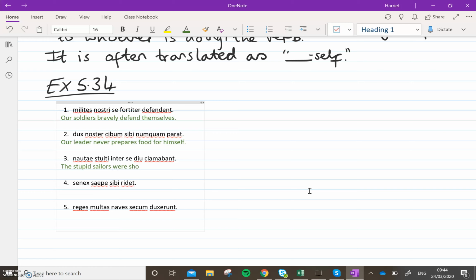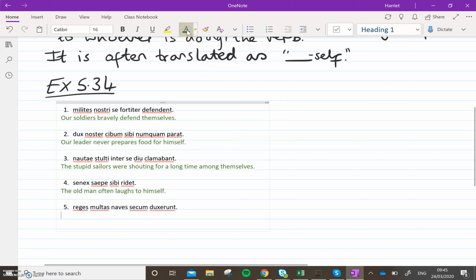Number 3, the stupid sailors were shouting for a long time among themselves. Number 4, the old man often laughs or smiles, dative, sibi, to himself.